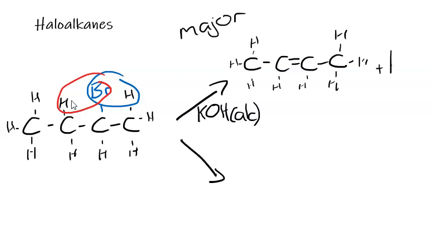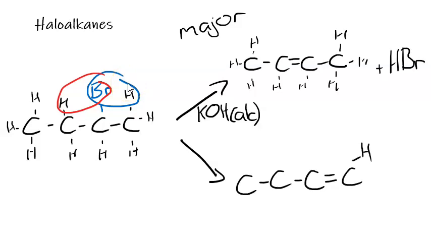We will also get HBr as a result. Then if we were to go the other way and eliminate this hydrogen atom, we're going to end up with a but-1-ene molecule, just like we had before. That will look like this, with hydrogen there, and HBr being produced.